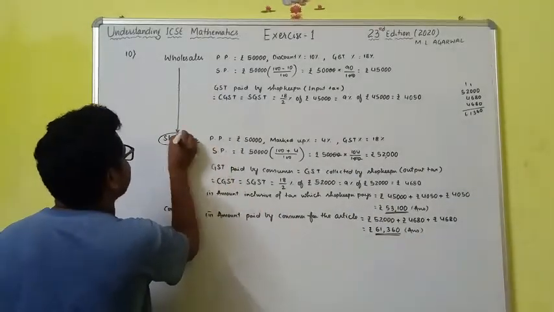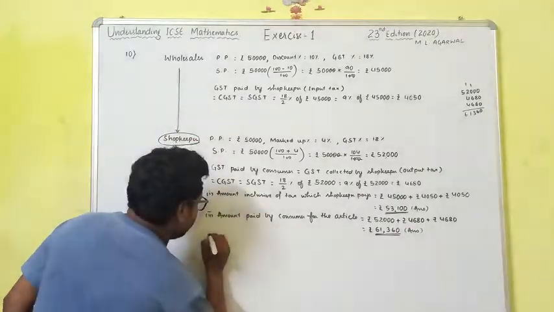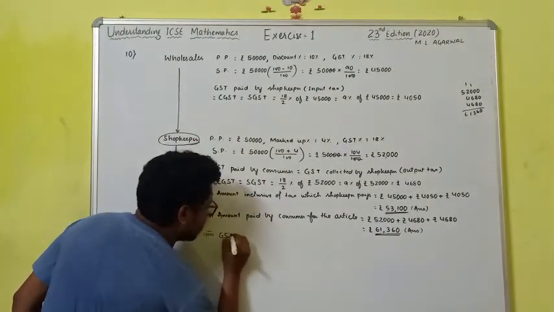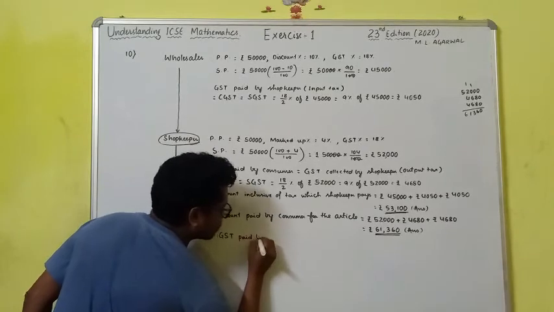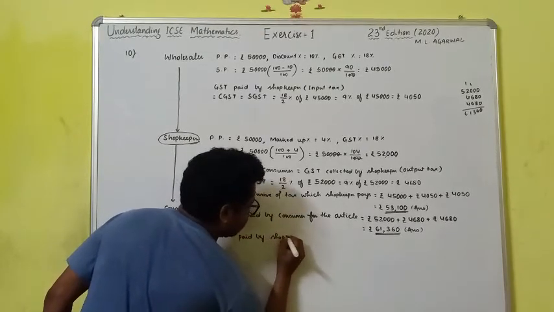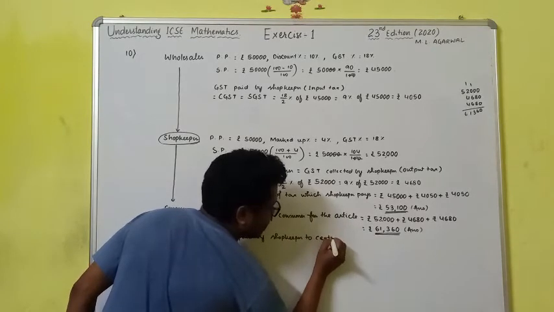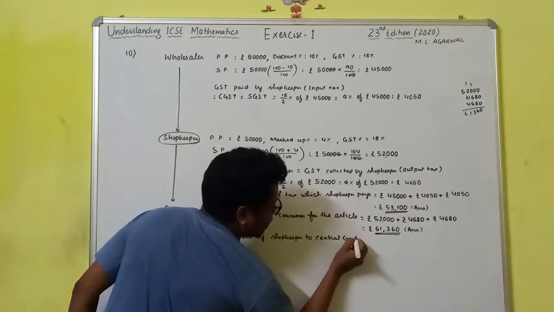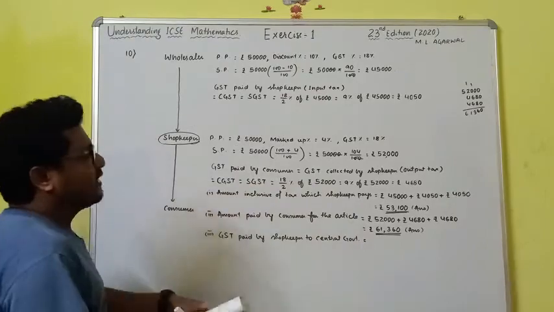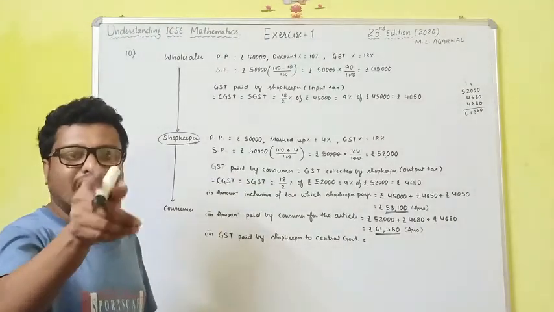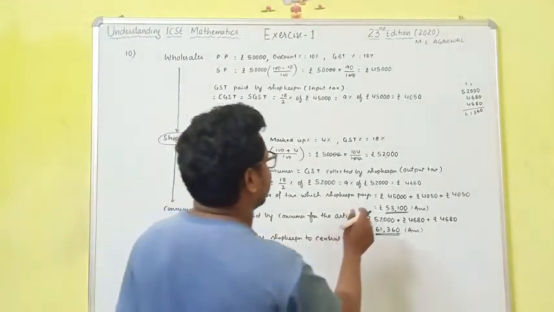Now bit number 3, amount of cash under GST paid by the shopkeeper to the central government. See, GST paid by the shopkeeper to the central government will be equal to output tax minus input tax. Output tax is how much?